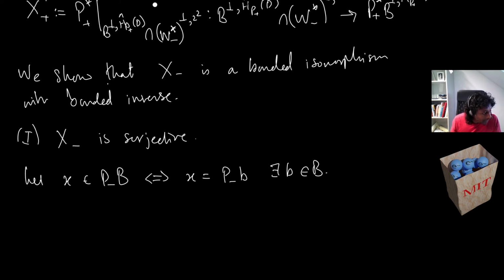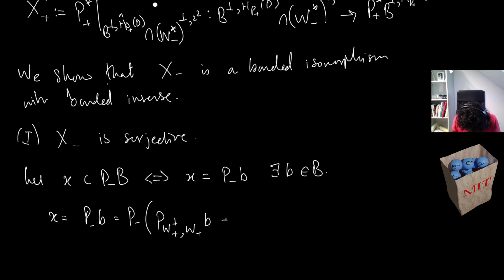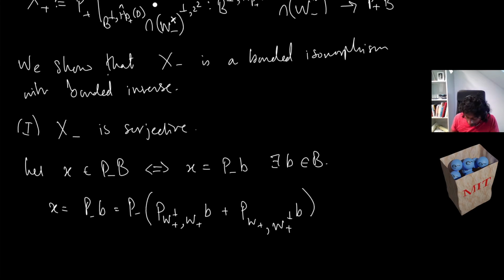Okay. So X is equal to P minus B, which is equal to P minus of what now? This is PW plus perp W plus B plus PW plus W plus perp of B. Okay.